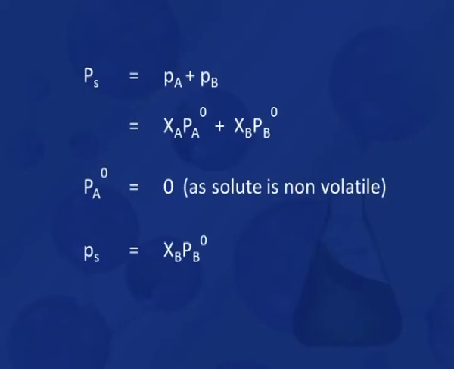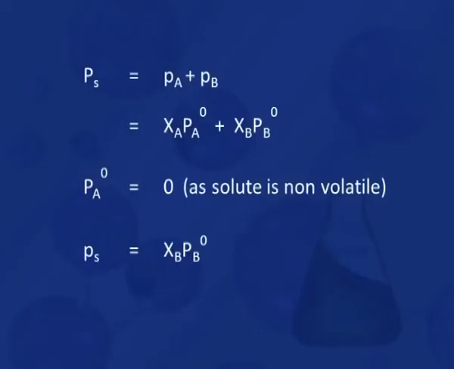As Xa plus Xb is equal to 1, meaning mole fraction of solute plus mole fraction of solvent is equal to 1, you can take Xb is equal to 1 minus Xa and put this value in place of Xb.